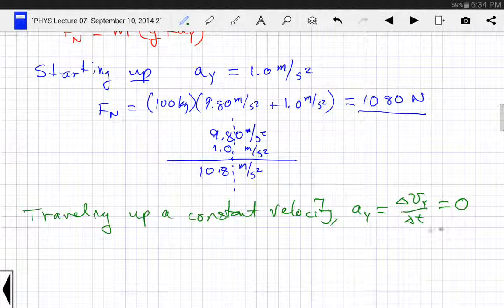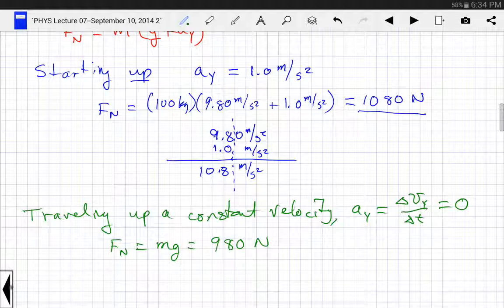So if that's equal to 0, the acceleration, that's exactly the same as what I did with the first calculation where you're standing stationary. So I'm not going to repeat myself. I'll just say the force normal is equal to mg equals 980 newtons.